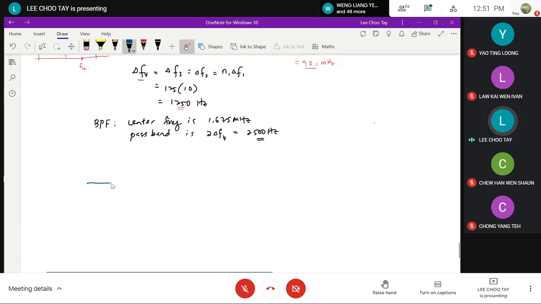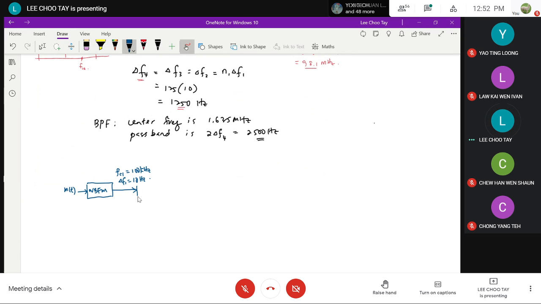So we have our message going into a narrowband FM signal generator. That gives us our FC1 equals 100 kilohertz. Our delta F1 is 10 hertz.